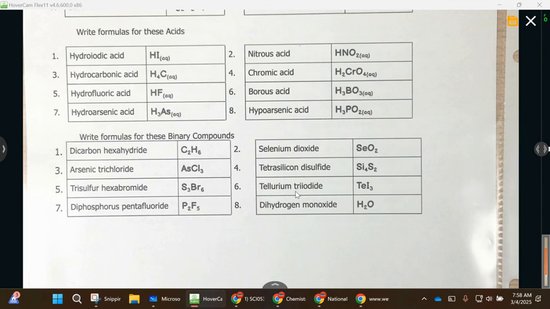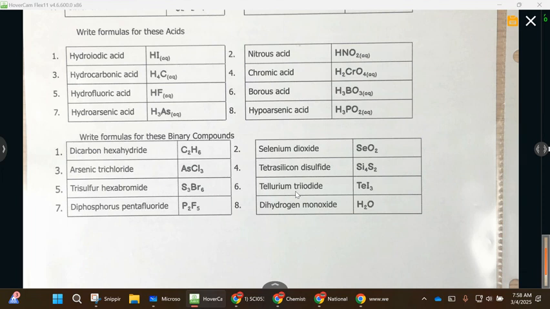No, you're writing an acid. Acids always end in ic acid or ous acid. If there's a hydro in front, that means it's binary. If there's no hydro in front, it means it came from a polyatomic that ended in ATE.